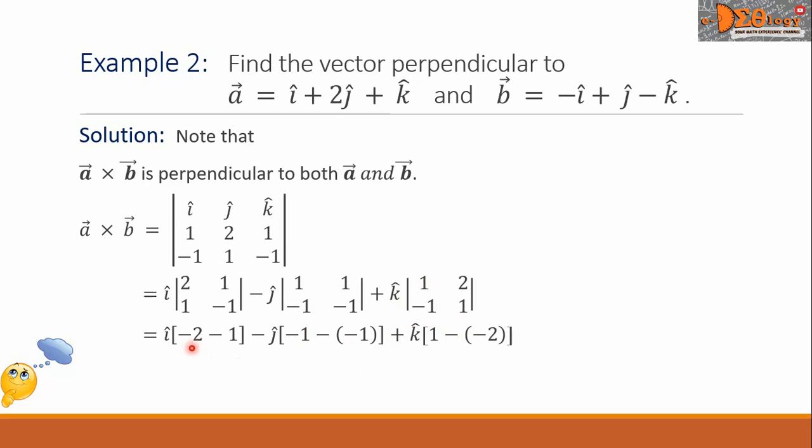Simplifying further, we have negative 2 minus 1, so we write negative 3i. Then minus negative 1 minus negative 1, which simplifies to negative 1 plus 1, and that would be 0. The 0 multiplied by j, so this element j is cancelled out. Then plus 1 minus the negative 2, so it becomes 1 plus 2. We have positive 3 multiplied by element k. This is now the final answer.